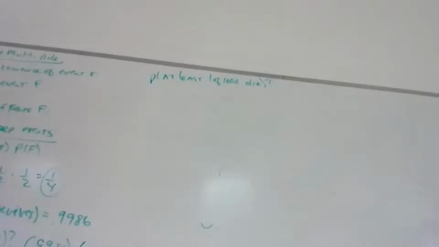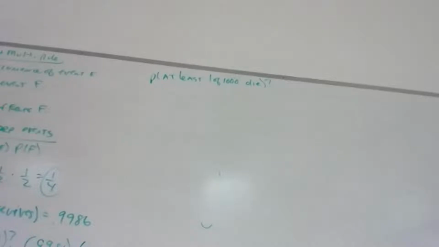How would you figure that out? I'd pick on Alex, but he's too far away and can't see. How about Ashley? You'd have to figure out the probability of at least 1. We did that one with David, right? So we had to do the 1 and the 2 and the 3 all the way up to the 1,000, right? Do you want to do that for me? We've only got 1 minute left.